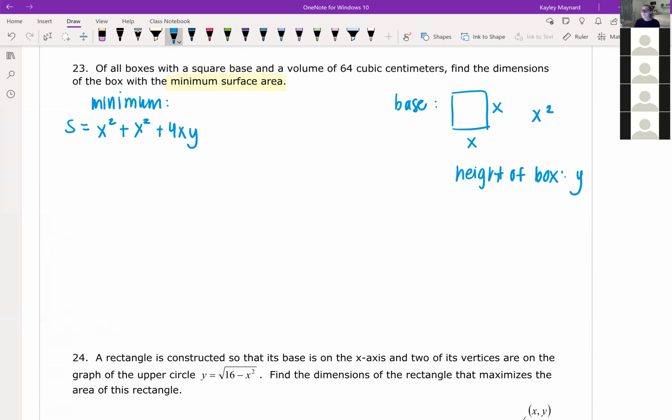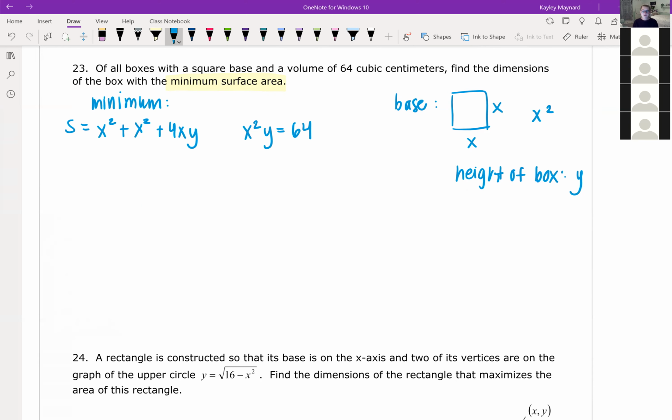So the equation for volume would be the length, the width, and the height. You just multiply all those together. But in our case, the length and the width would both be x. So our constraint is that x squared times y needs to be 64.